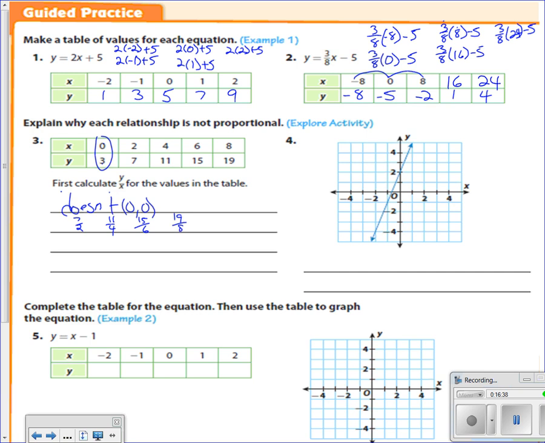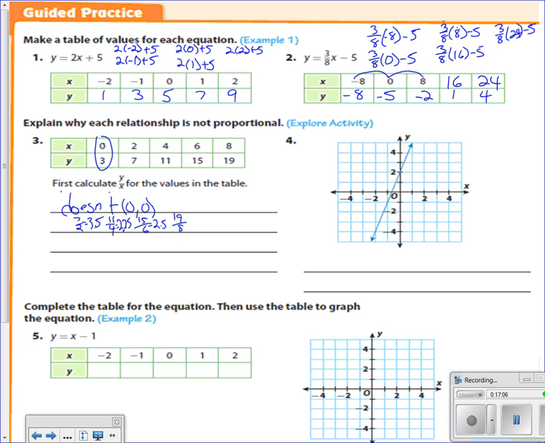Now, those aren't going to come out nice and even, so you would need to put them in your calculator. 7 divided by 2 is 3.5. 11 divided by 4 is 2.75. And 15 divided by 6 is 2.5.